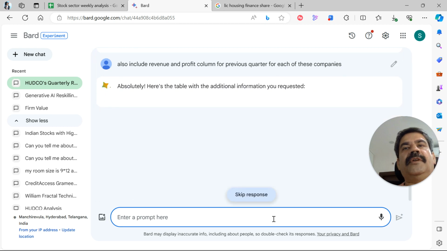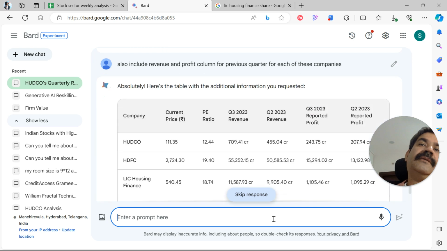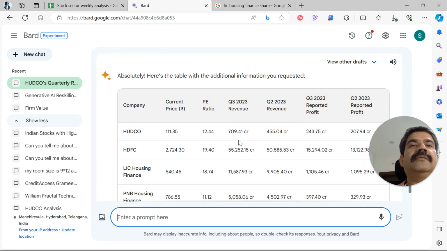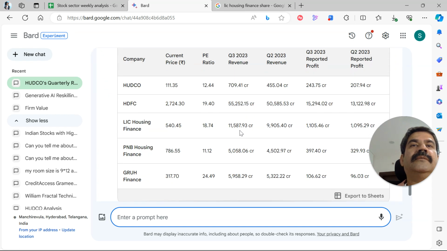Let's see what it gets. So now it has gotten the quarter 3 revenue, quarter 2 revenue, quarter 3 profit, and quarter 2 profit.